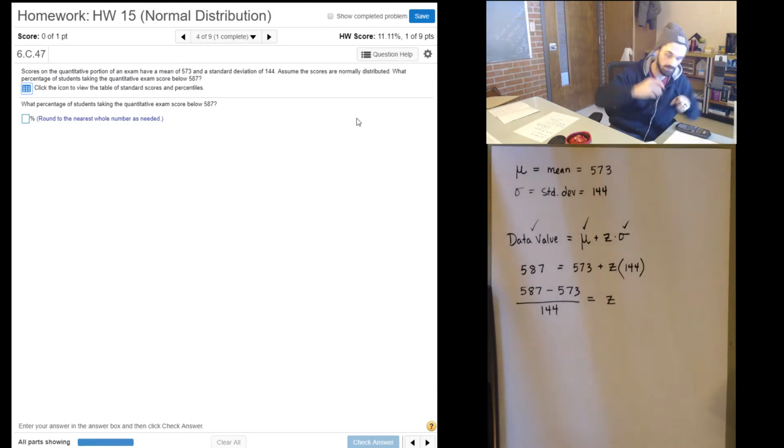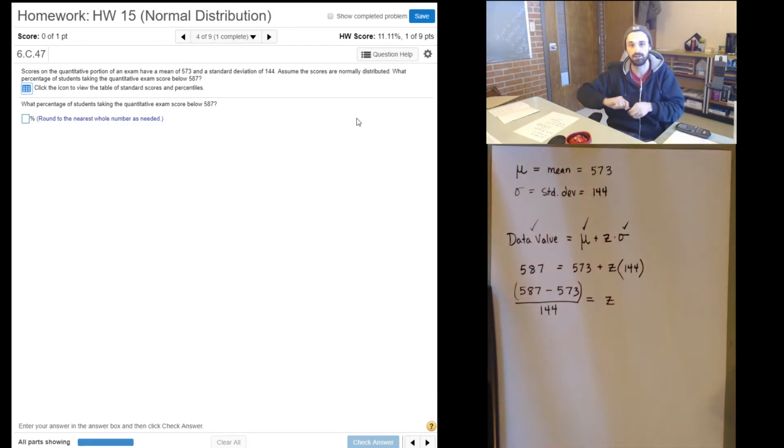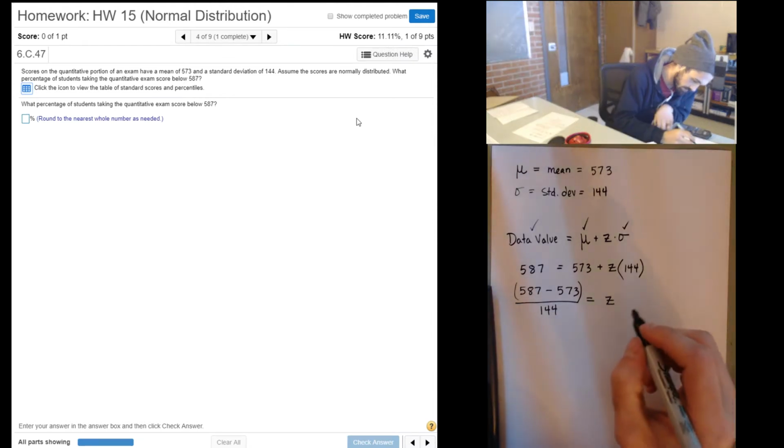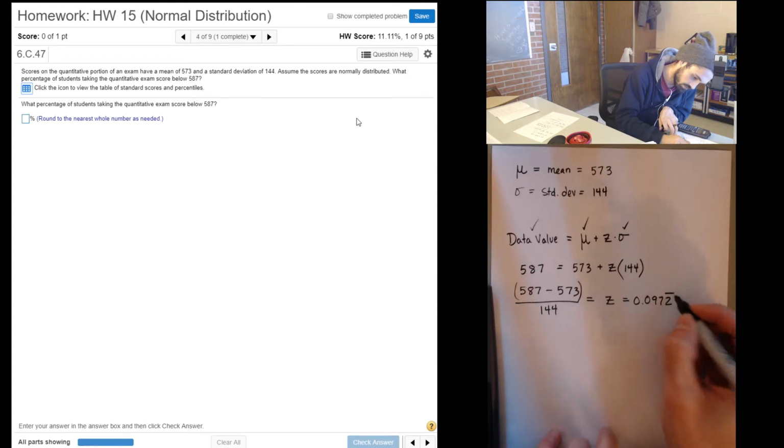So if you want to push this into your calculator in one step, we need to have the numerator parenthesized. So this gives us a z value of 0.0972 repeating.